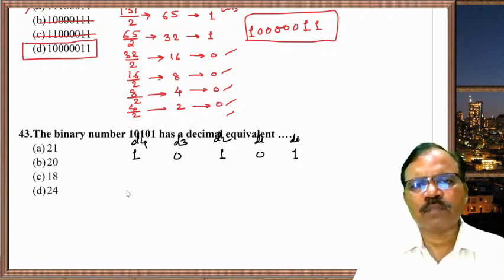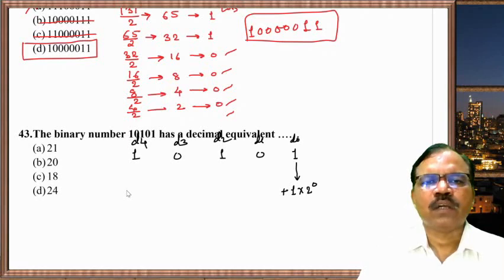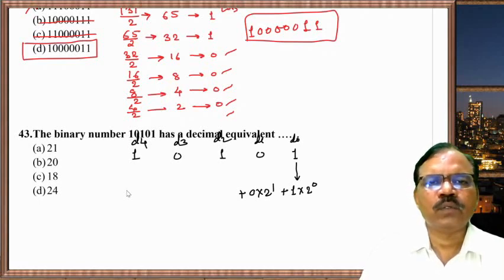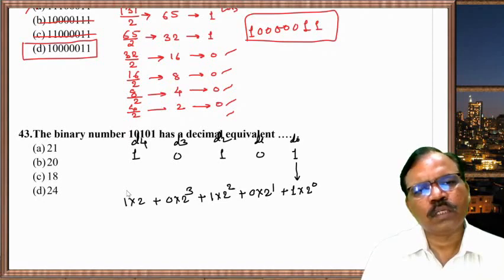Start from this. D0 means 1 into 2 raised to 0 plus D1 into 2 raised to 1, so 0 into 2 raised to 1 plus D2 into 2 raised to 2. D2 is 1, 2 raised to 2 plus D3 into 2 raised to 3, so 0 into 2 raised to 3 plus D4 into 2 raised to 4, so 1 into 2 raised to 4.